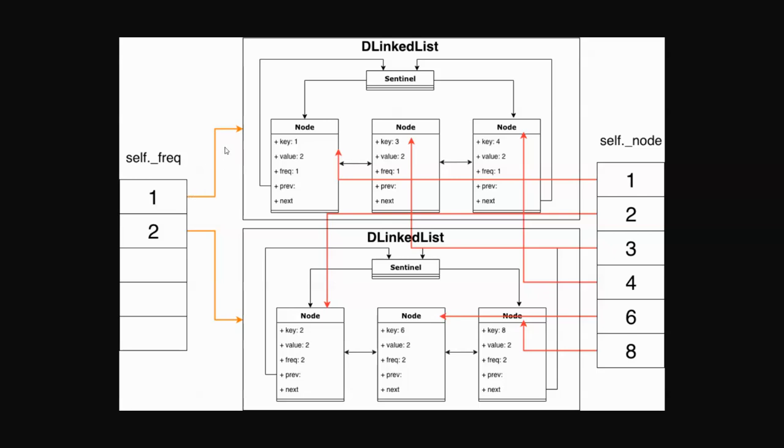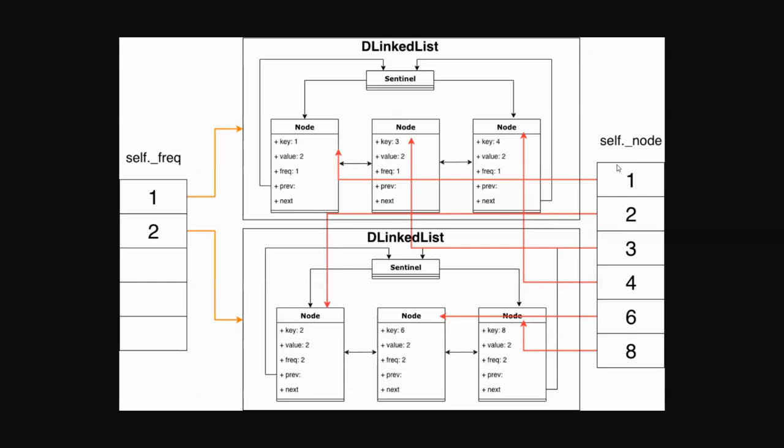So as you can see, the value points to a D-linked list, right? The first D-linked list contains all the elements that have a count of 1, and the second D-linked list contains all the elements which have a count of 2.